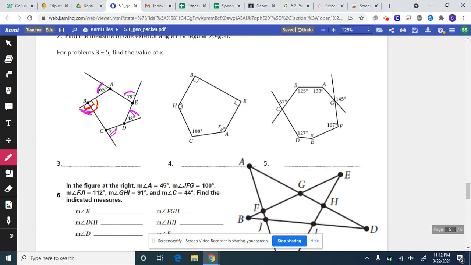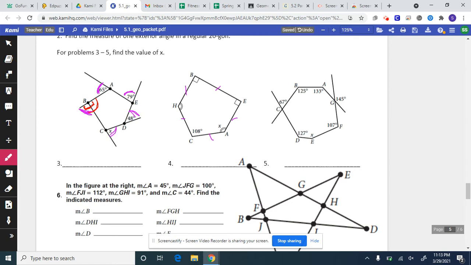For number 4, now we're talking about interior angles. They're all inside of the polygon. So we have to use the interior angle formulas for that one. And what we need to do first is look at how many sides there are. So there's 1, 2, 3, 4, 5 sides.